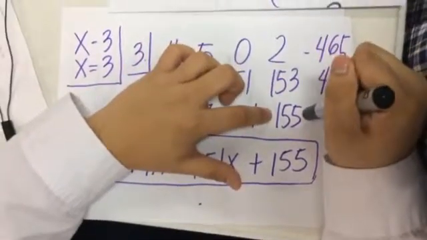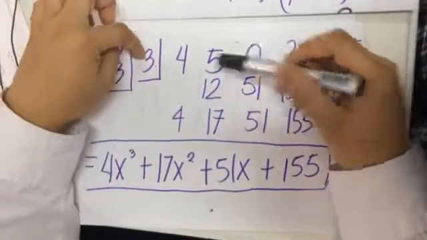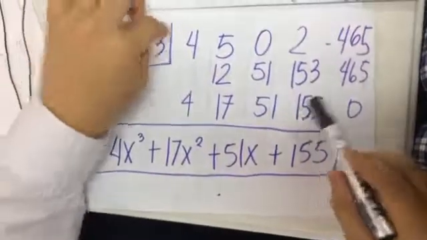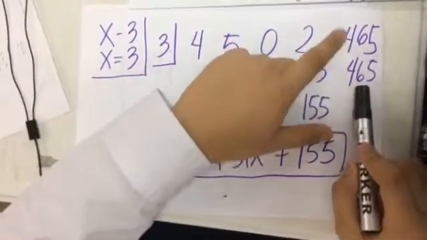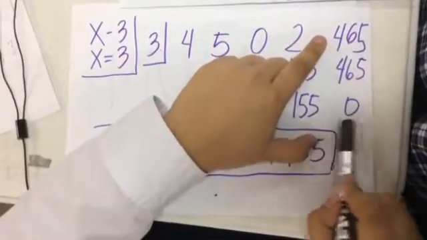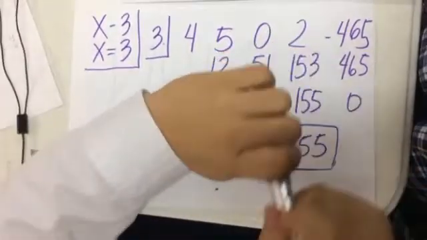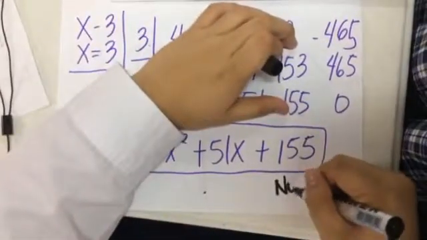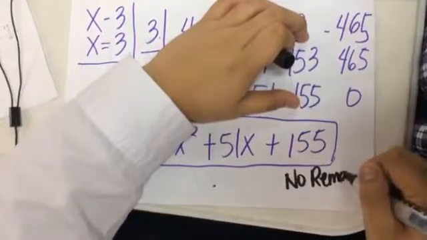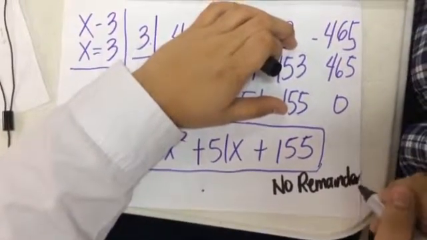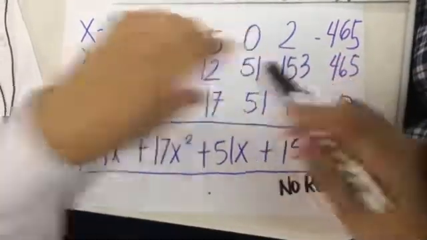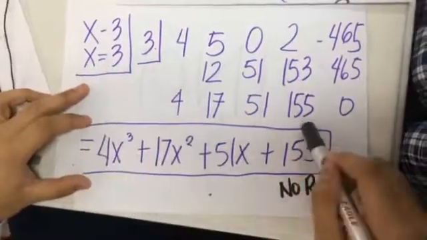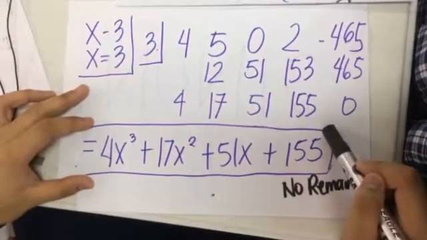Then add 153 and 2, which is 155. 155 multiplied by 3 is equal to 465. Since the two 465s have different signs, the result is 0. Since we started the equation with a coefficient raised to 4, the quotient must start with the next degree, which is 3.